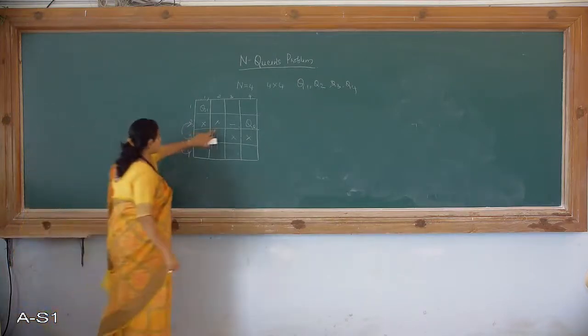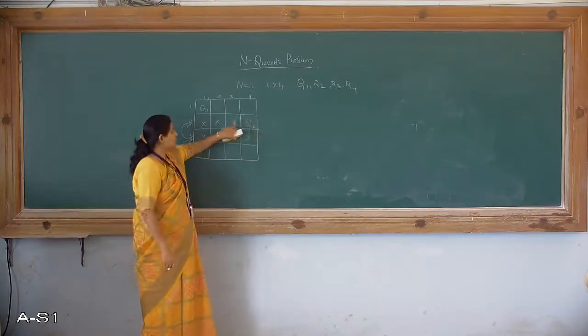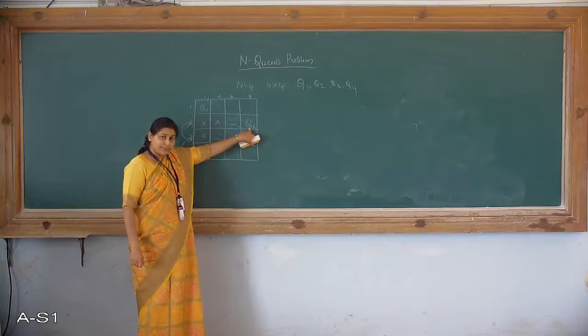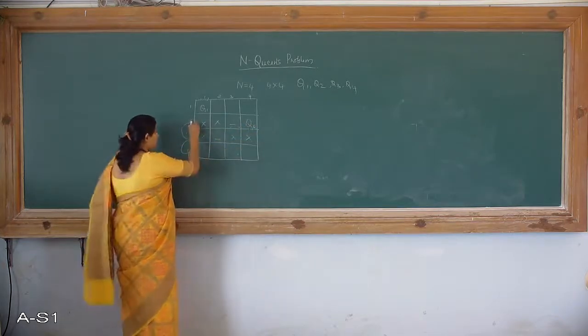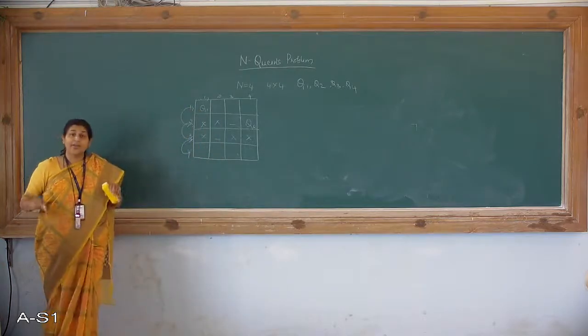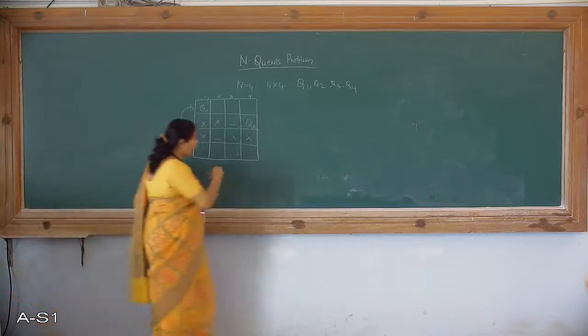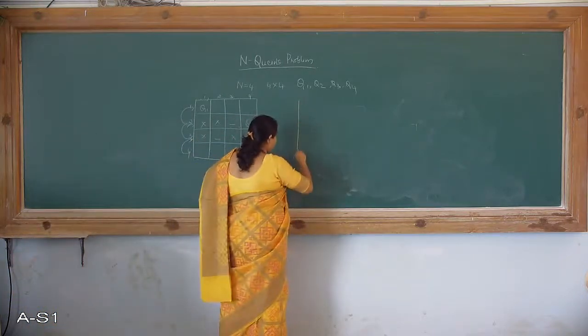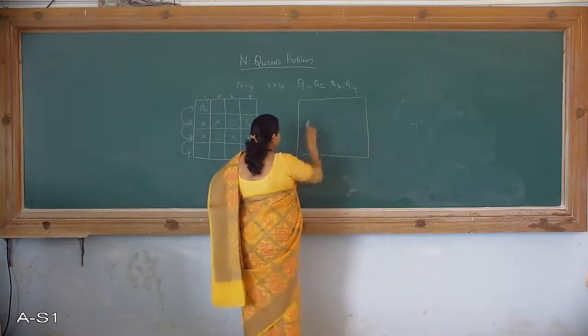Now, if I go to the queen here, it has already been placed at the last position, I have no more. So it means it has to backtrack again to change the position of the first queen. So again I will rewrite that. Now I have to change my queen 1's position.